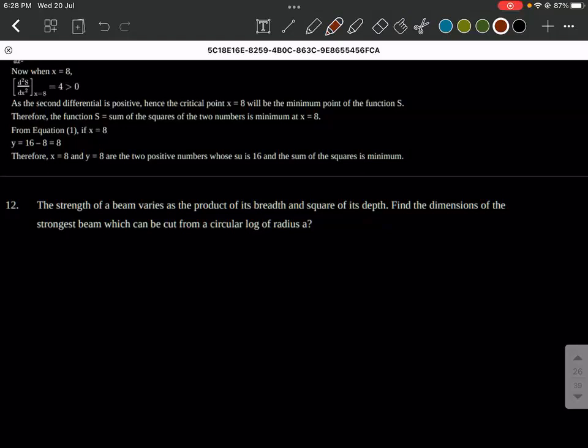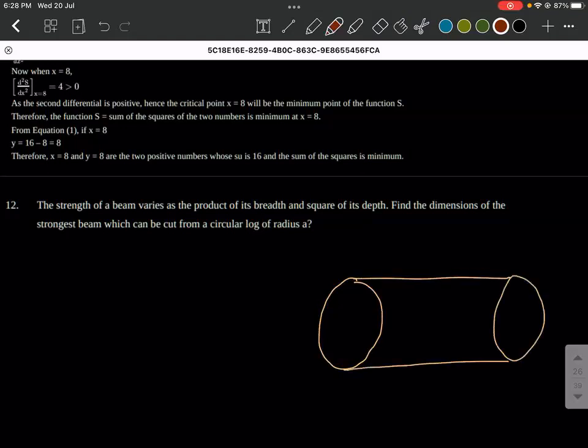You tell me how to do this. You have a circular log of radius a. So strength of the beam varies. Find the dimensions of the strongest beam.